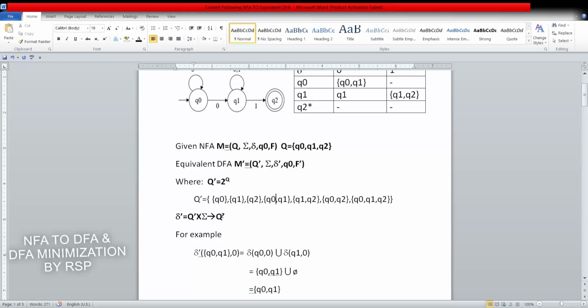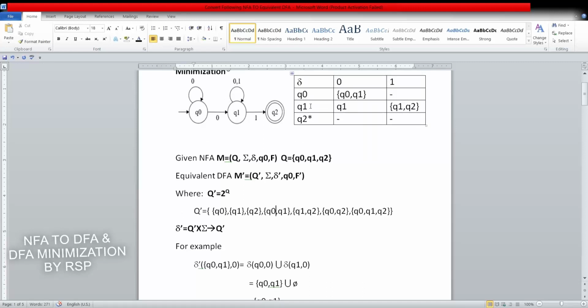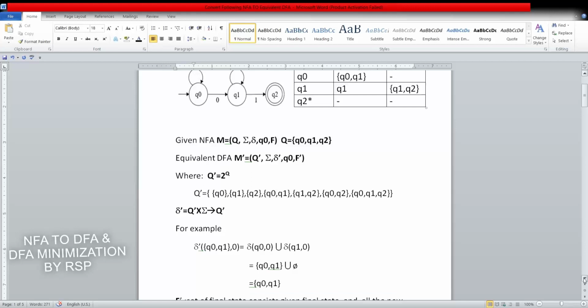Already we have a transition on the states Q0, Q1, Q2; from this table we can directly take them. Now we need to find the transition on new states such as Q0, Q1, Q1, Q2, Q0, Q2. How to find the transition on these new states, because it is not a single state, it is a combination of two or more states?